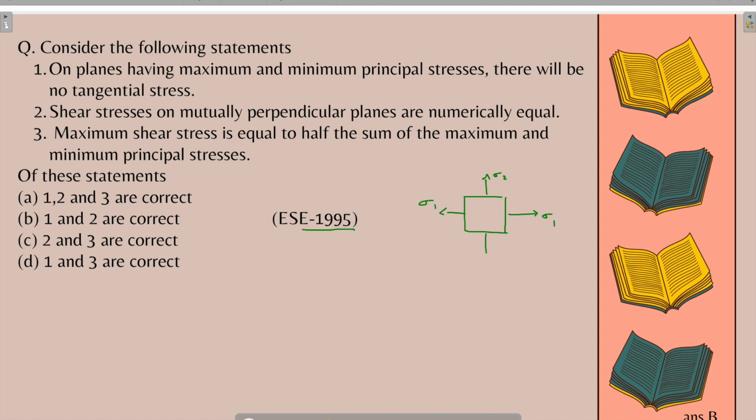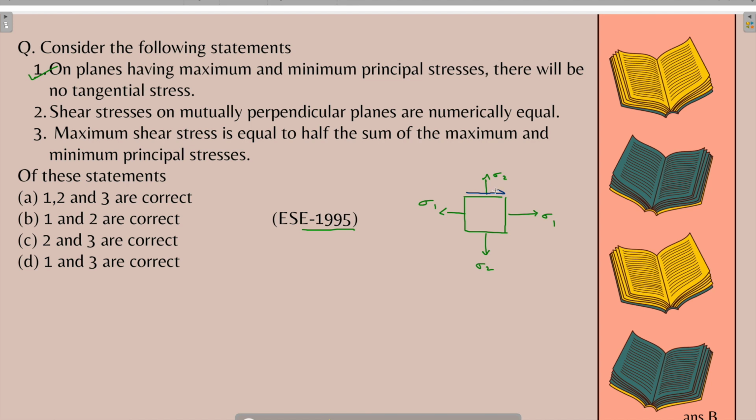I have explained this earlier, that the principal planes consist of no tangential stress. So yes, this statement is absolutely correct. Next statement. Shear stresses on mutually perpendicular planes are numerically equal. So it says that on mutually perpendicular planes, the numerical value of shear stress is equal.